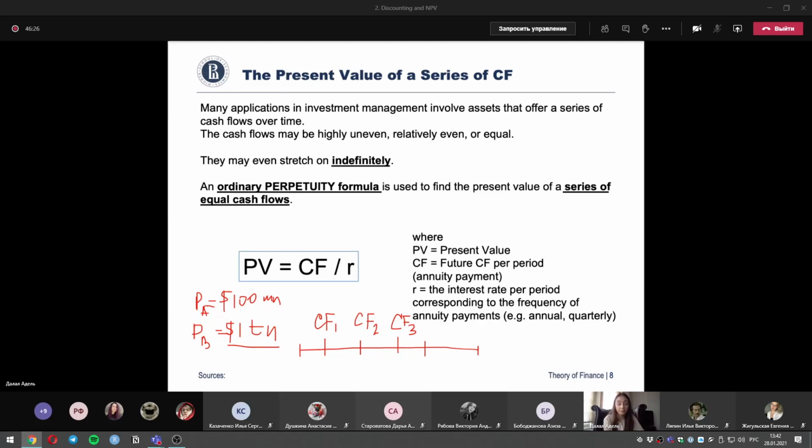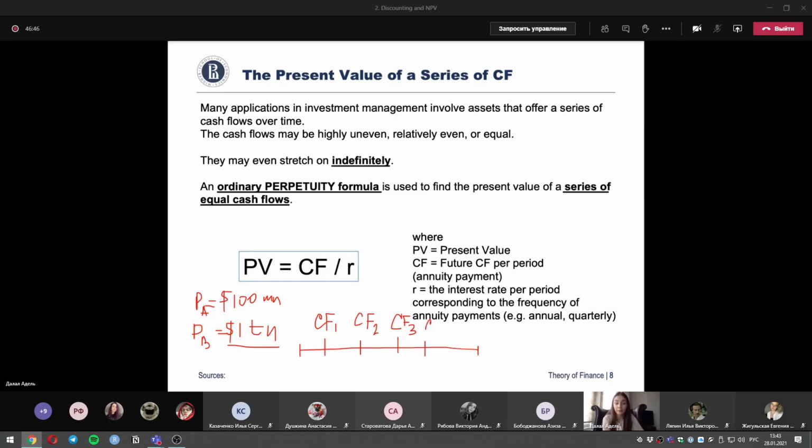So I will get one range, you will get another range, and who's right, who's wrong, only time can tell. We will have to wait until our expectations meet reality, basically.